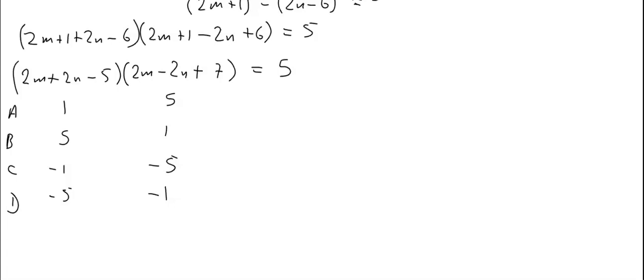So with pattern A, I have 2m plus 2n minus 5 equals 1, and 2m minus 2n plus 7 equals 5. And if I add those equations together, I get 4m plus 2 equals 6.